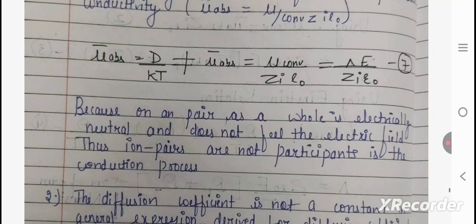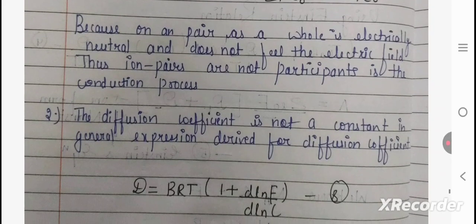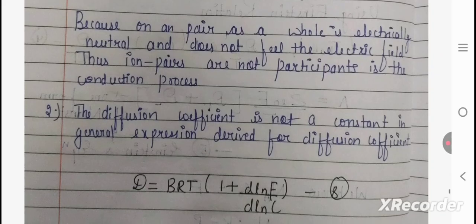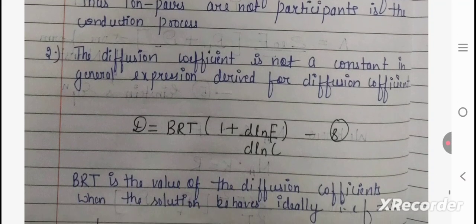U absolute is equal to D by kT, which is not equal to U absolute, which is equal to U conventional by Z i e naught, which is equal to equivalent conductivity into e by Z i e naught, equation 7. Because an ion pair as a whole is electrically neutral and does not feel the electric field, thus ion pairs are not participants in the conduction process.